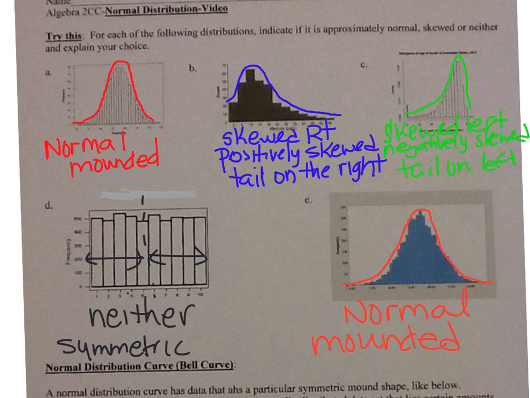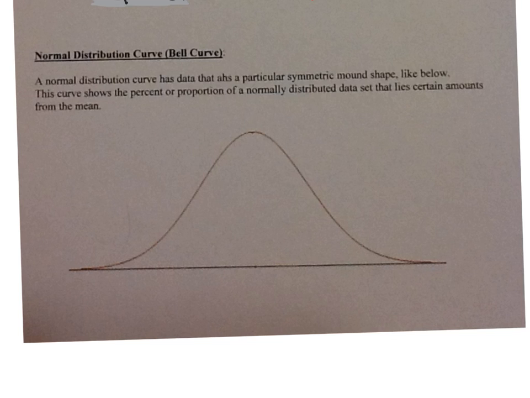Okay, so let's talk about the normal distribution curve. Okay, so the normal distribution curve, which is also called the bell curve, has data that has a particular symmetric mound shape, like below. This curve shows the percent or proportion of a normally distributed data set that lies certain amounts from the mean.